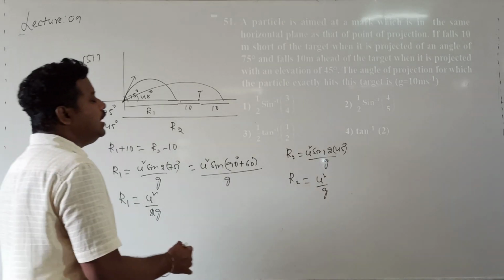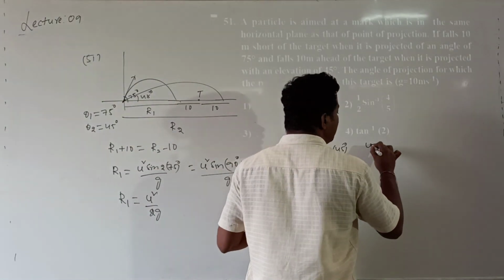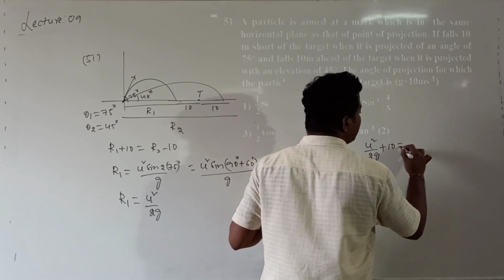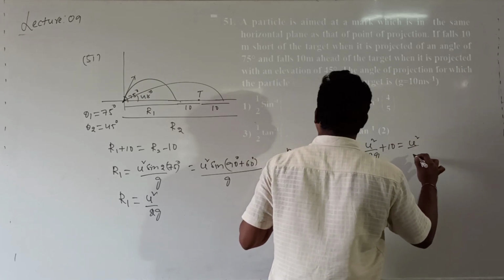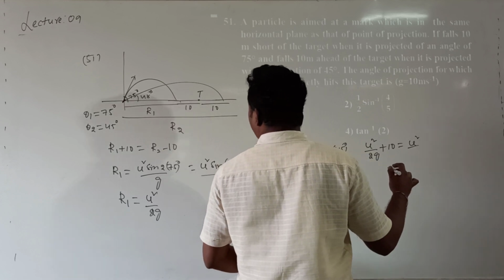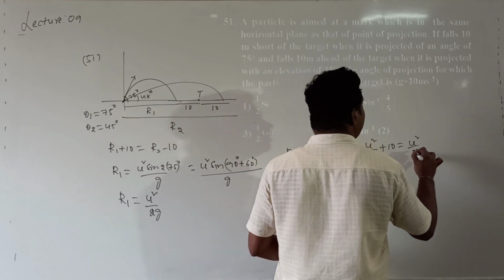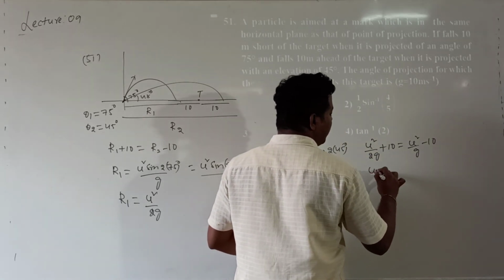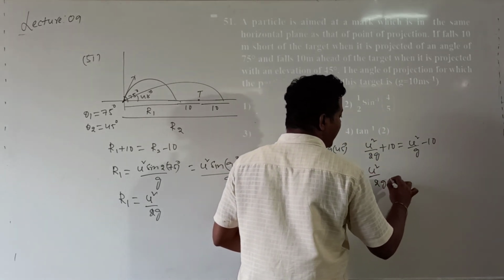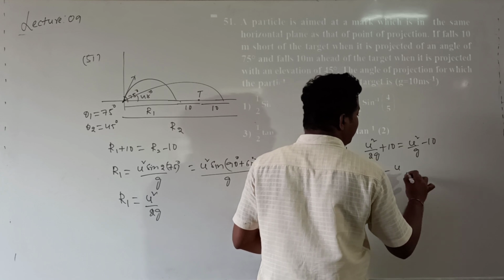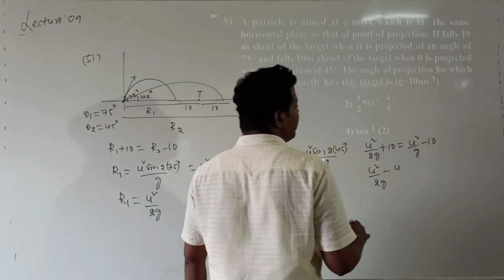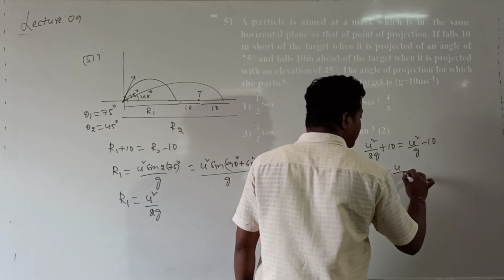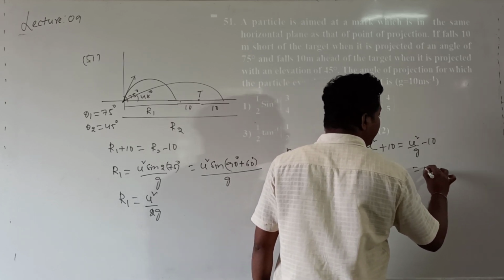Then what is the relation we have? R1 plus 10, that is U square by 2G plus 10, is equal to R2 minus 10, U square by G minus 10. Taking this term to this side, U square by G minus U square by 2G will be equal to 20.